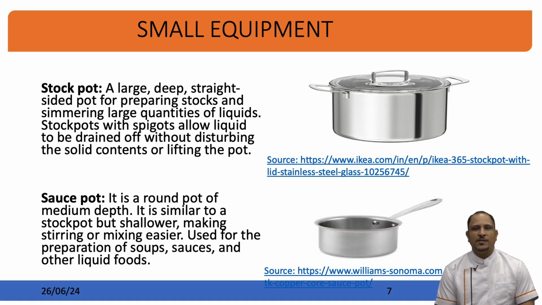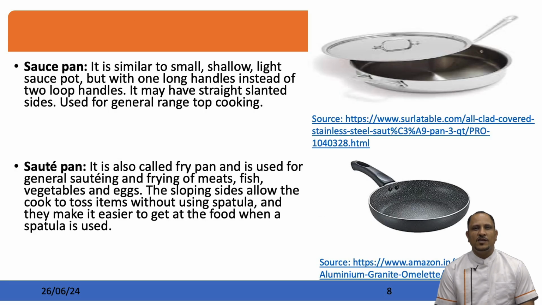For example, we have stock pots, which have a capacity of 10 to 20 liters, for preparing stocks and gravies inside the kitchen. Then we have sauce pots. These are smaller pots or pans which are used for preparation or holding of sauce inside the kitchen, varying in capacity from 5, 10, to 20 liters.